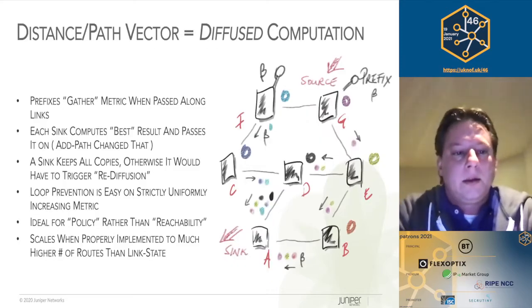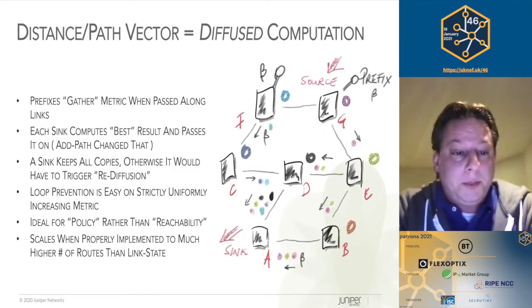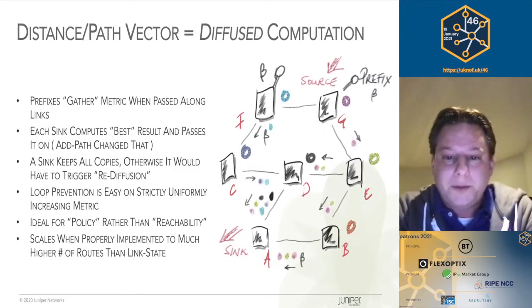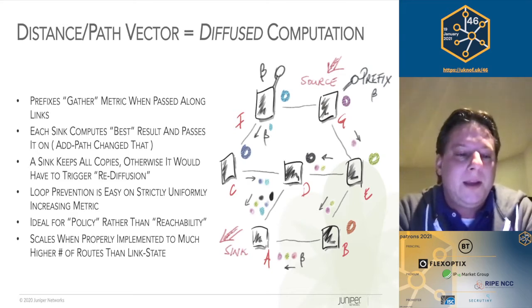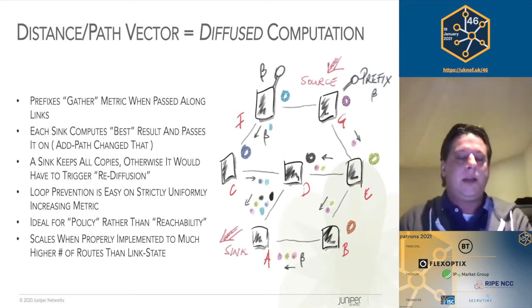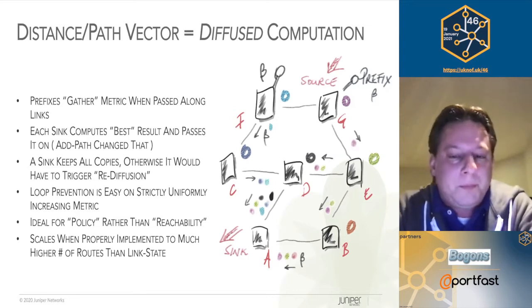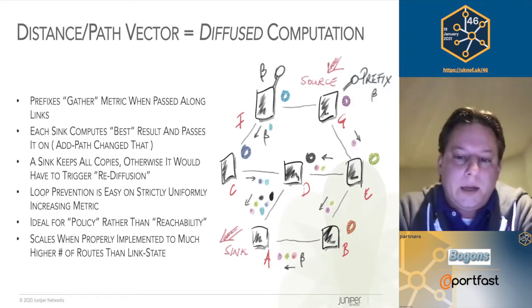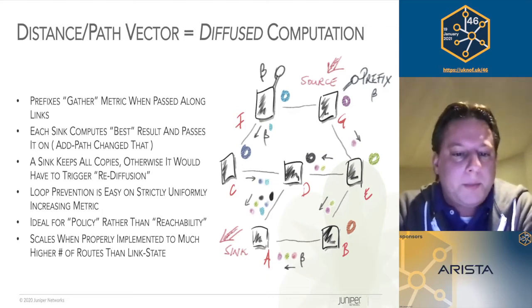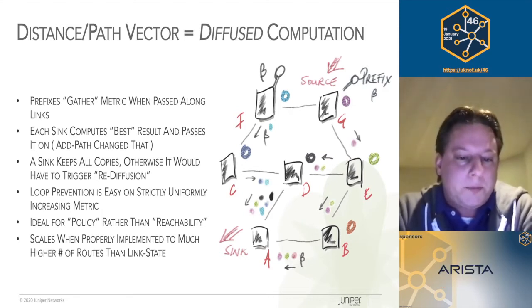So lots of folks are using BGP, right? BGP is always the answer to everything. Some of the, let's say, specifics of BGP, as we all know, when advertising prefixes through their neighbors, you gather metrics, you build up an AS path, and based on that AS path, you have loop prevention, for example.